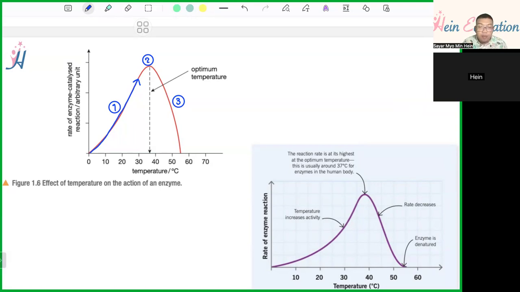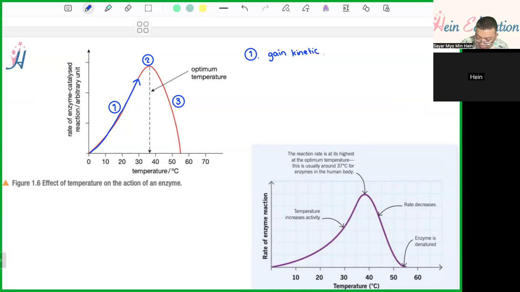If we want to explain why it happens, or what happens when the temperature increases, why does the rate of reaction increase? By increasing the temperature, they gain more kinetic energy. So for part number 1, increasing temperature provides more kinetic energy.